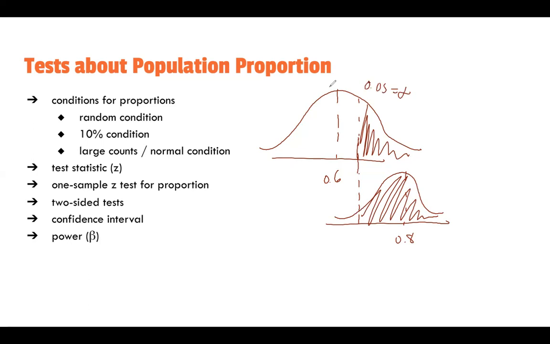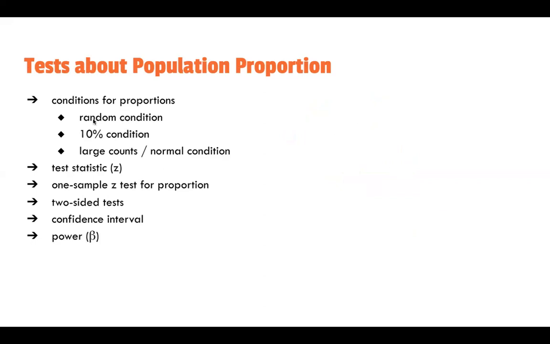I probably should have clarified that, but you basically find out where alpha is, find the z value of that, or find the actual value of that, what number it is. Then you use that same number in a sampling distribution of 0.8, and then now you use normal CDF to find the area, and that area is going to give you the power, which is represented with this symbol beta. And like I said, the probability of a type 2 error is going to be 1 minus beta.